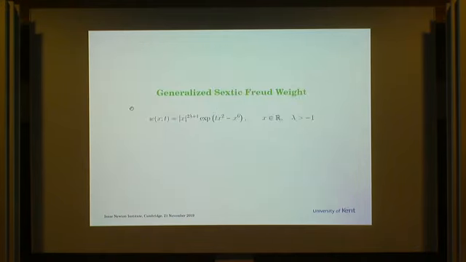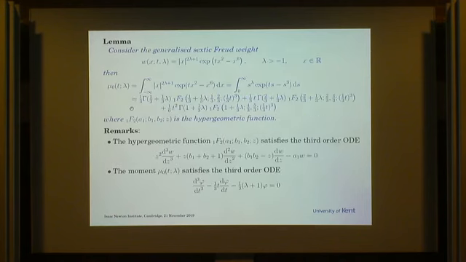So now let's look at this sextic weight. So we're now going to take order 6. The first thing to do is to look at what mu naught is, the first moment, the lowest order moment. Well, it turns out it's solved in terms of hypergeometric functions, 1F2s.